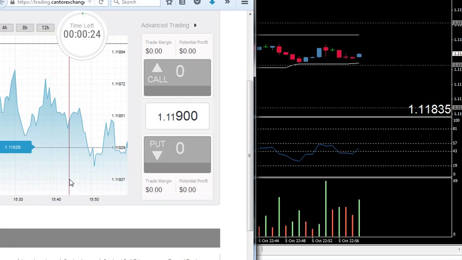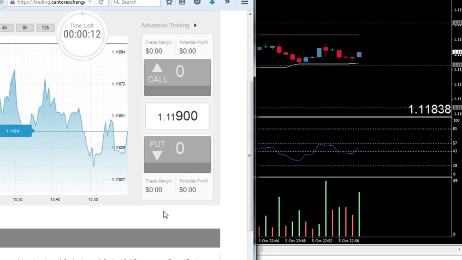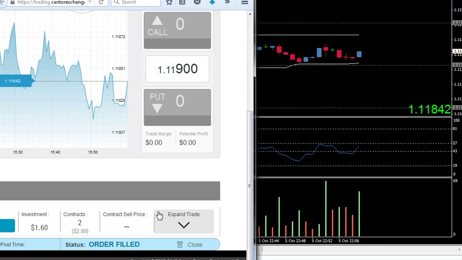We can see just a little while left here on this trade, just seconds. It was in the money when we got into this trade, and I would like to get it cheaper, but it's because of the liquidity here on the Cantor exchange.